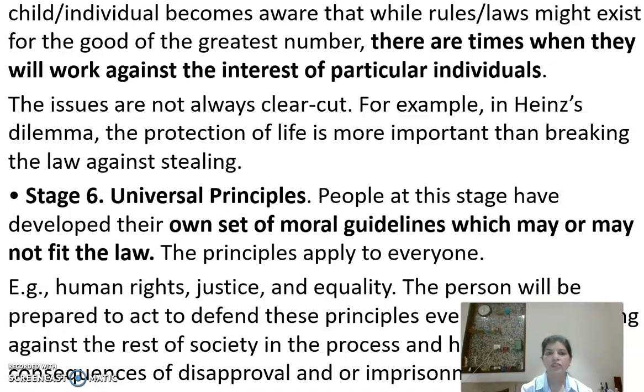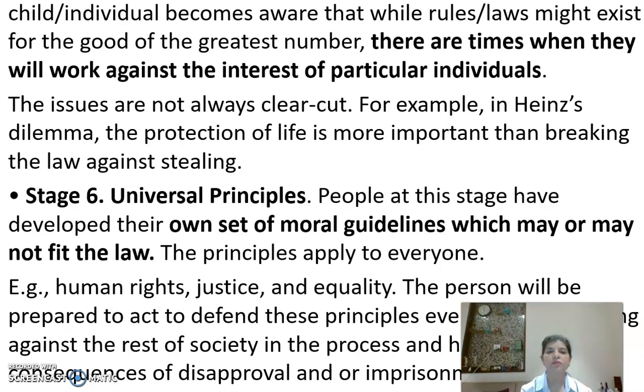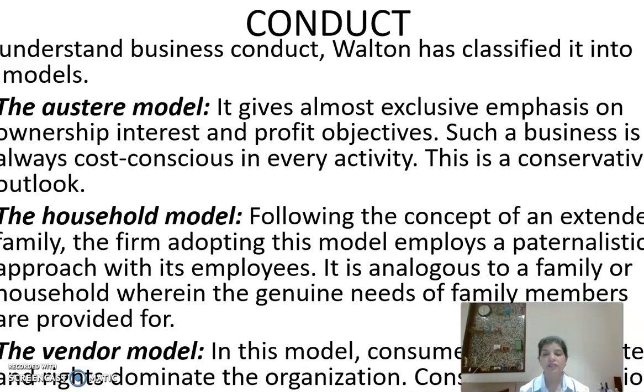So these were the three levels of moral development as per Kohlberg, divided into the 6 stages. Another model of business conduct was given by Walton, and he classified the model into 6 models.